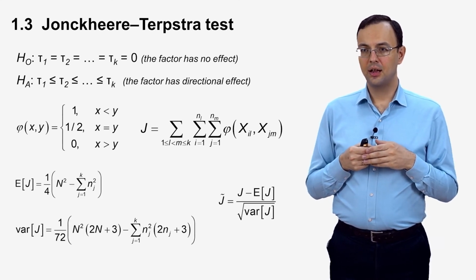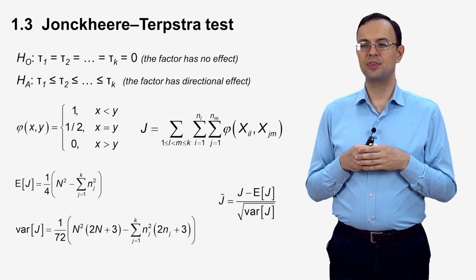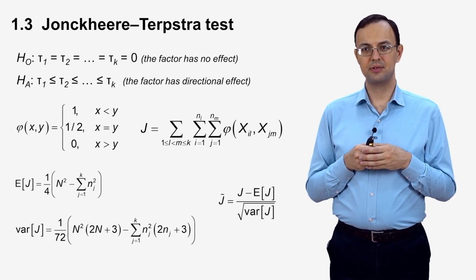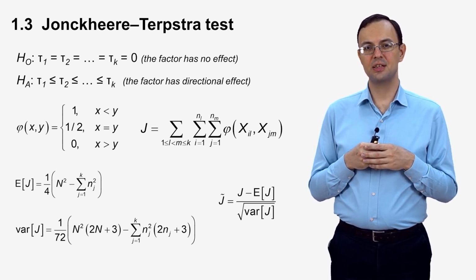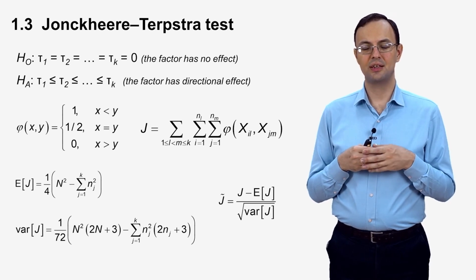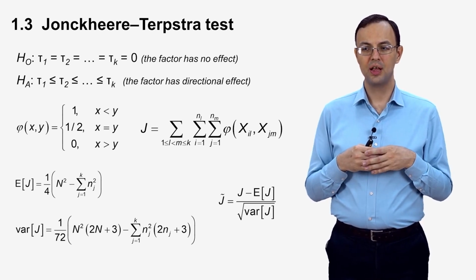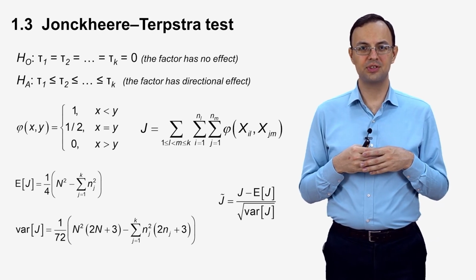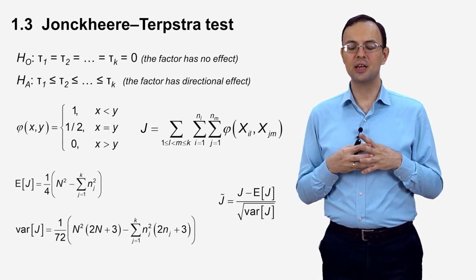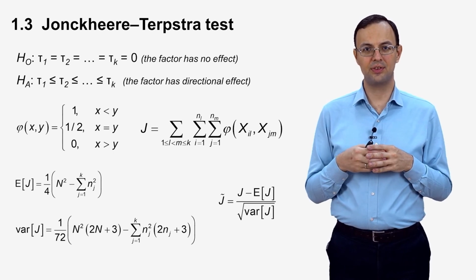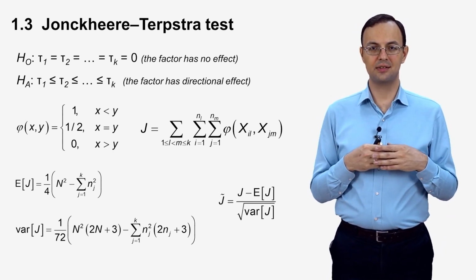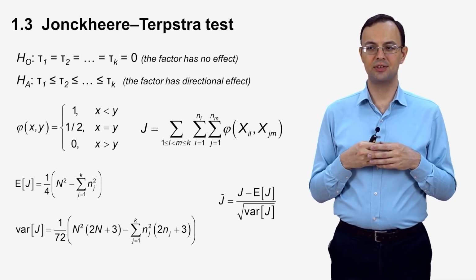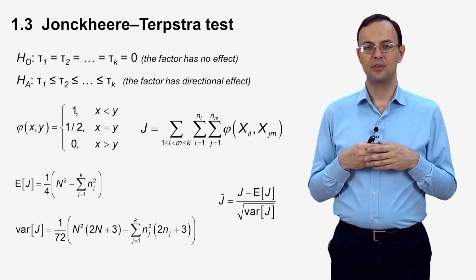And then it was proved that this statistic, this random variable J, is asymptotically normal. This means that if the sample size is big enough, then we can assume that J follows a normal distribution. To make it not just normal but standard normal, we have to standardize J. So we find the expected value and the variance of J, and J tilde is standardized J. It is J minus its expected value divided by the square root of its variance.